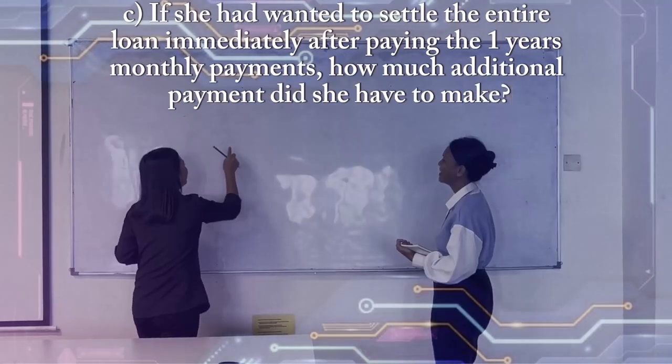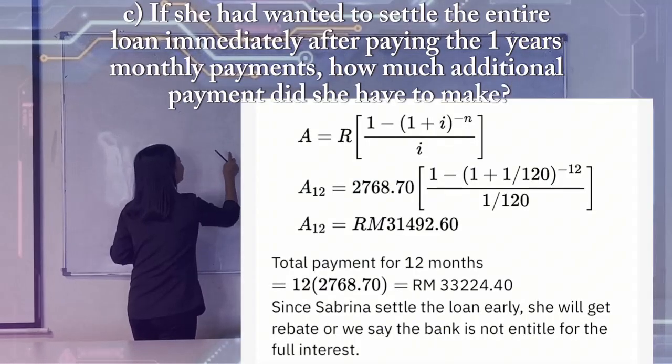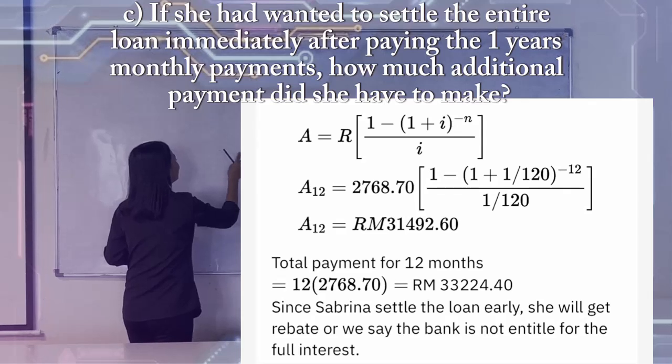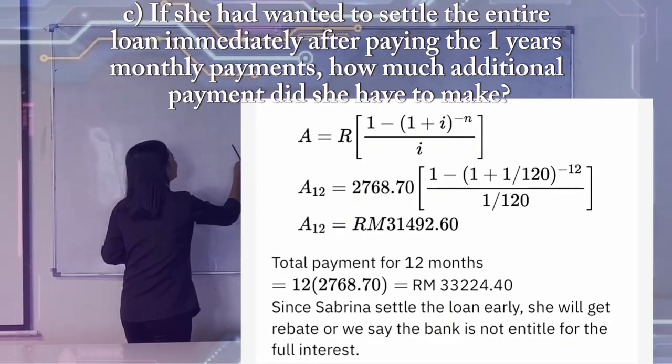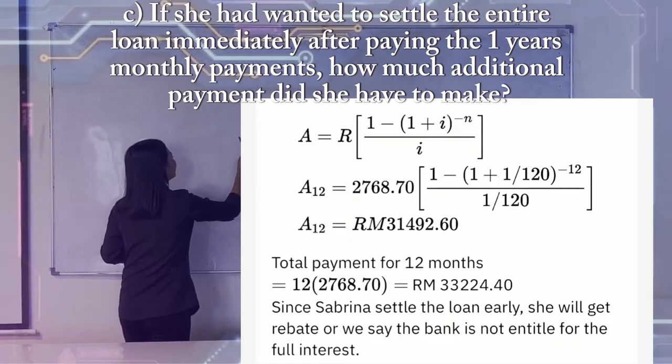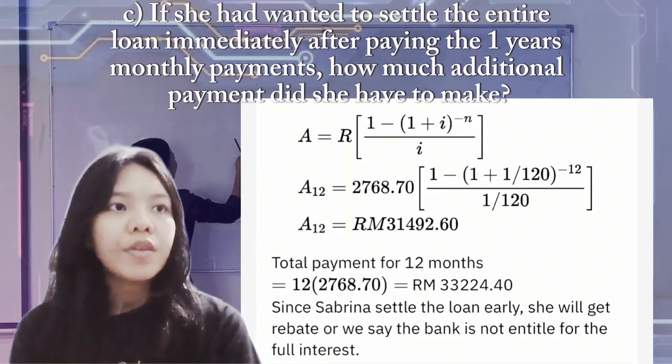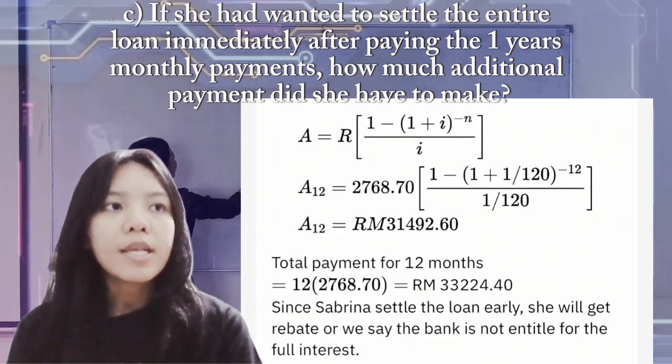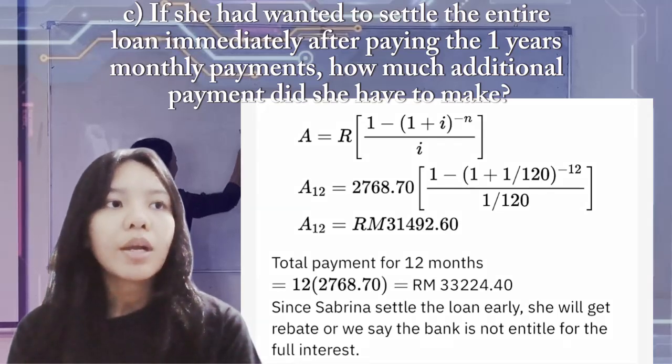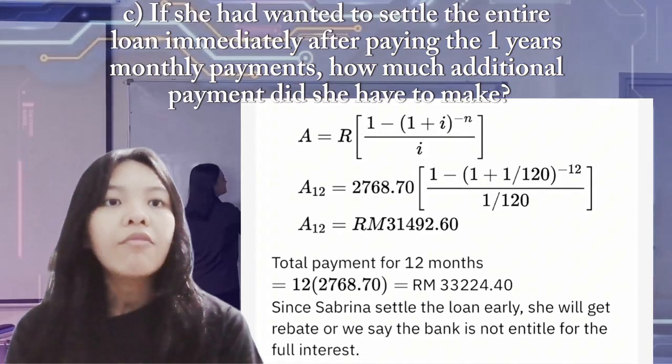C. If she had wanted to settle the entire loan immediately after paying the 1 year's monthly payments, how much additional payment did she have to make? We will use the annuity present value formula to calculate the amount that still needs to be paid if the loan is settled early, which is A equals R left bracket 1 minus bracket 1 plus i bracket to the power of minus n, per i, right bracket.